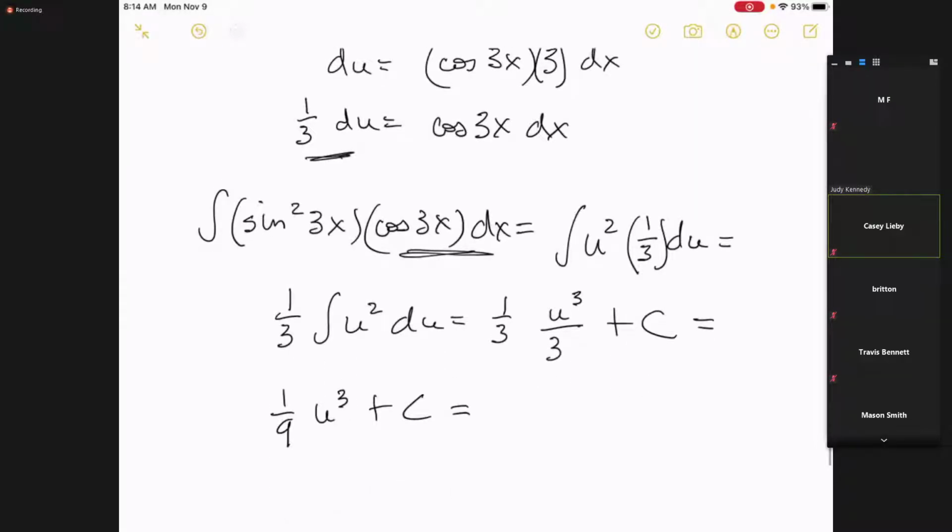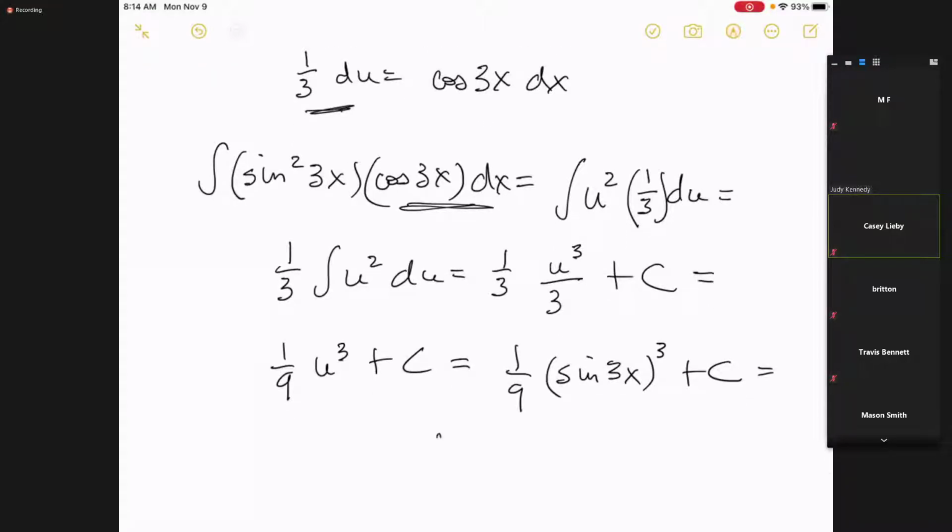Sine of 3x. Okay, and you can also, of course, write that as... okay, commonly done. Okay, any questions?